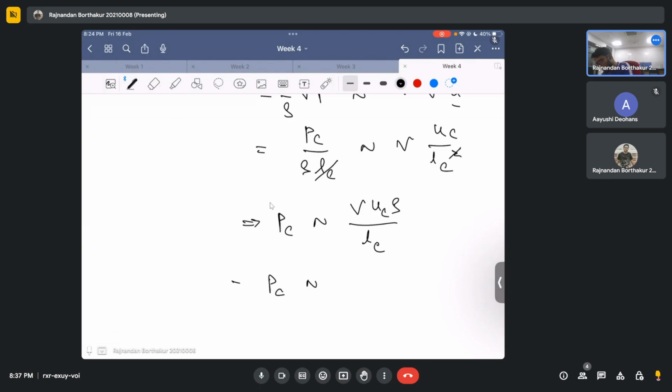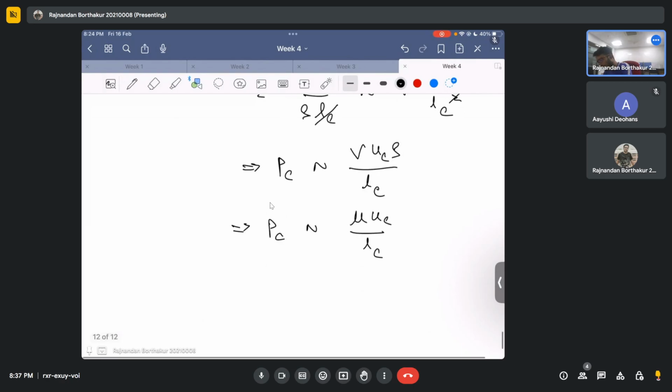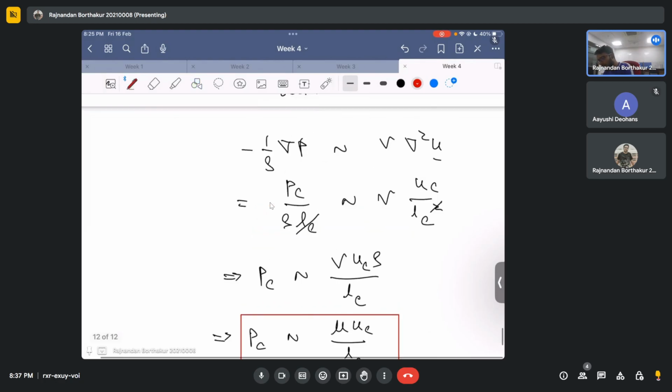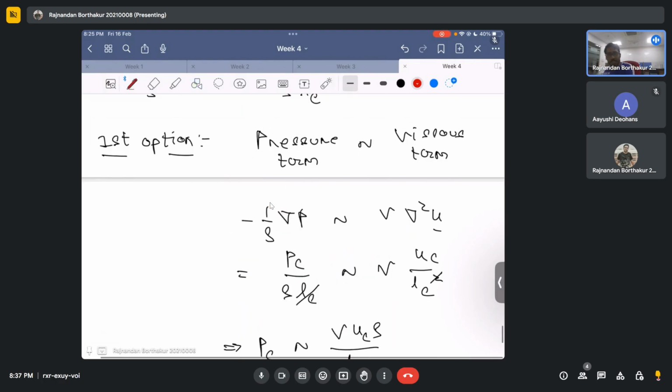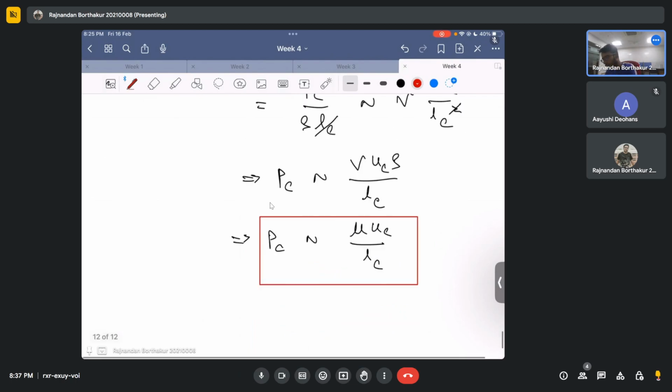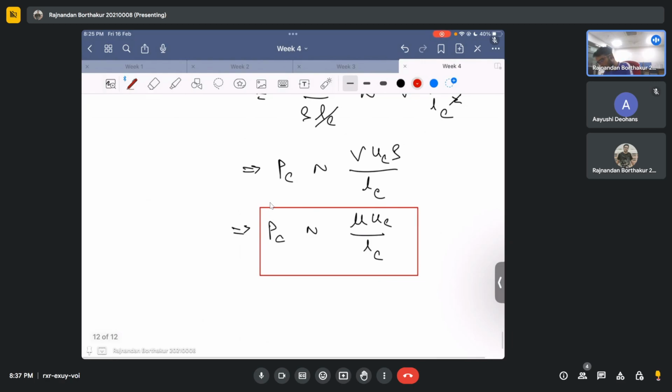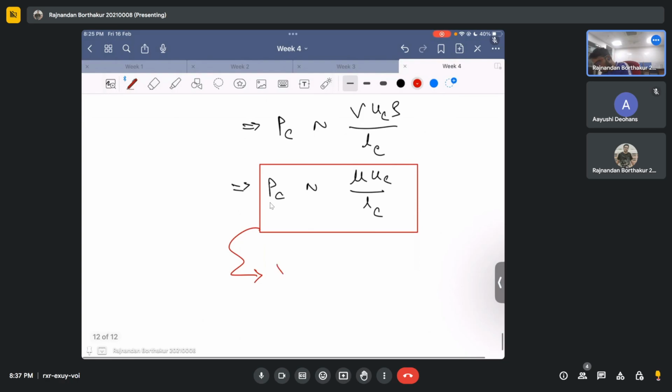All right. So what we found is that if I equate the scales of pressure with the viscous term, if my pressure term scales as the viscous term, PC is nothing but mu UC by LC, and this is known as the viscous scale for pressure.